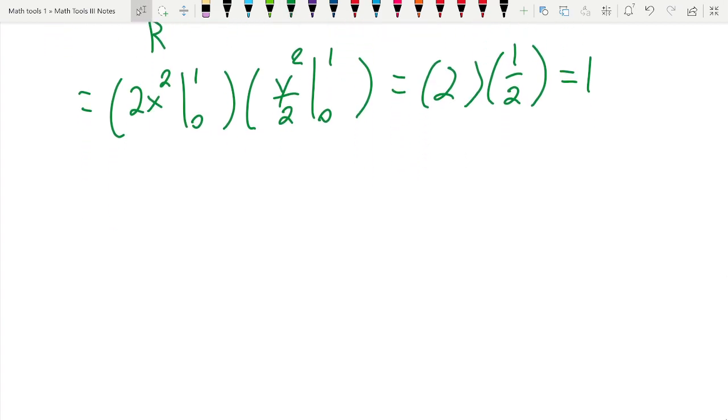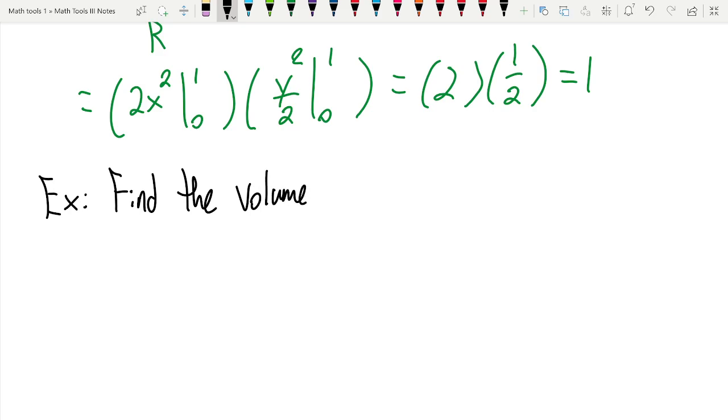Okay. This one is a little bit different, but same kind of idea. We just have to find the bounds on our own a little bit here.